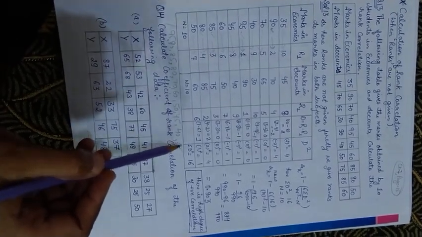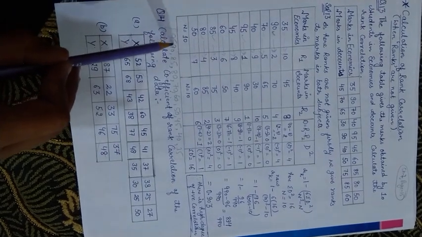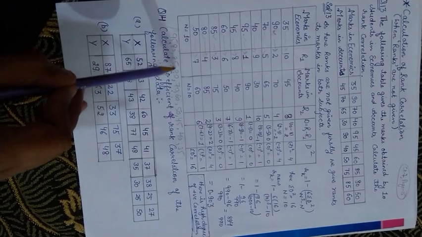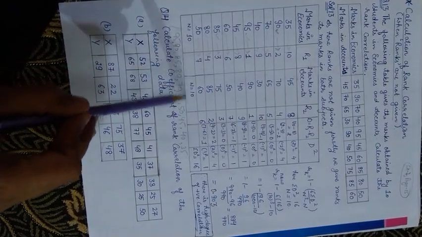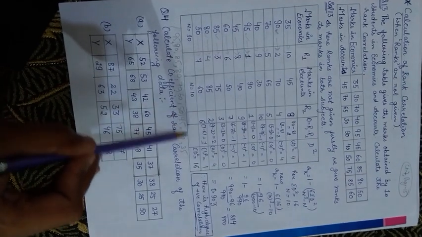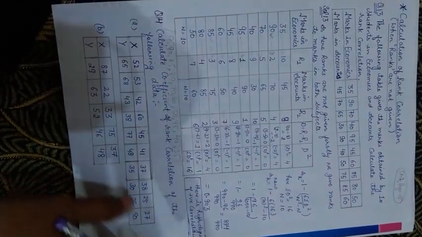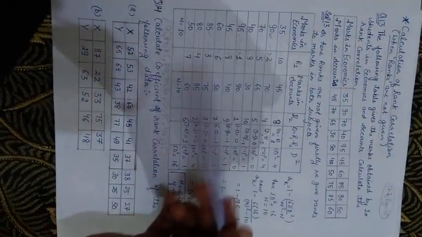Now you can see that the first one will be rank 1, then rank 2, rank 3, rank 4, rank 5, rank 6, 7, 8, 9 and 10. So by writing on the rough side, providing ranks, and then copying those ranks over here.